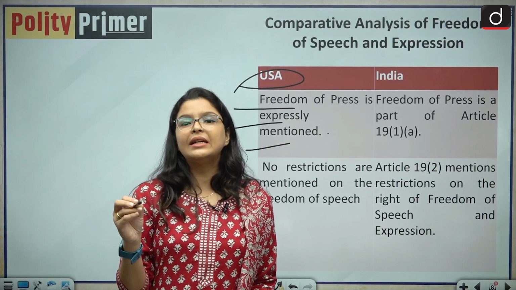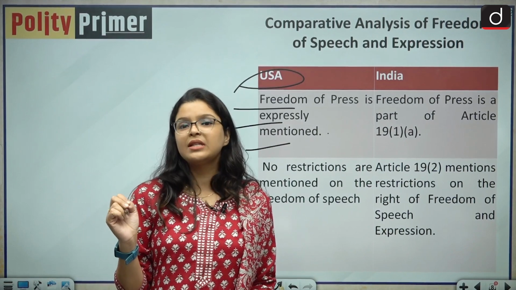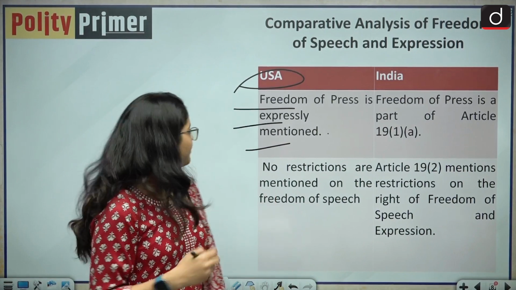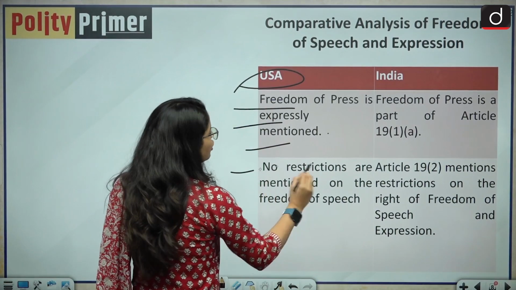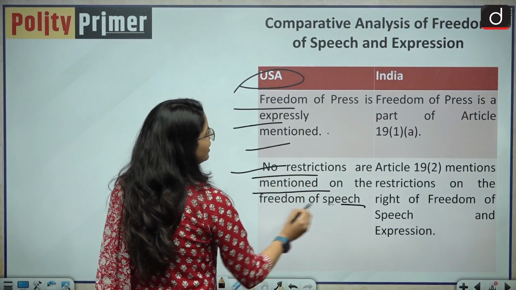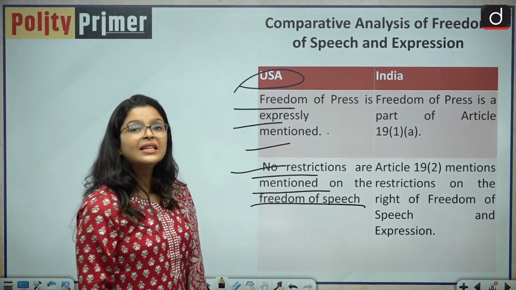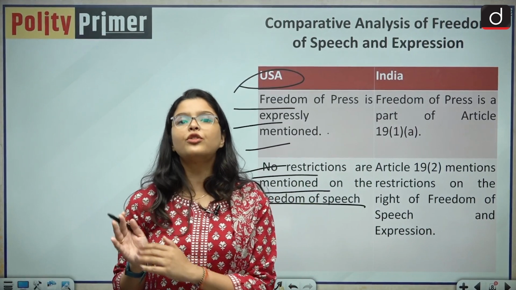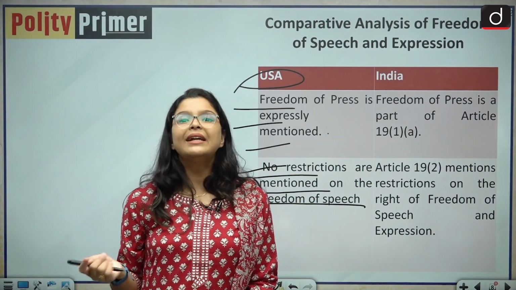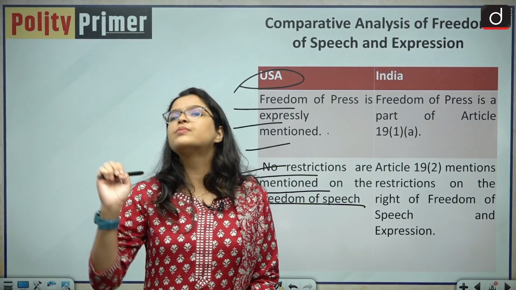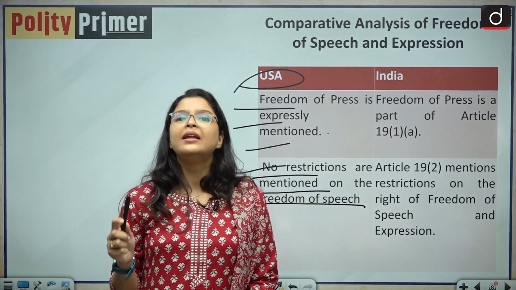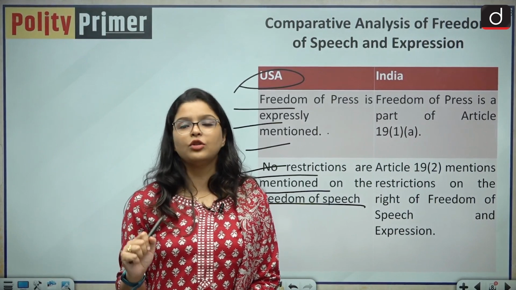It is interpreted as a part of freedom of speech guaranteed to us by Article 19, Clause 1, Subclause A. And if I talk about the USA, no restrictions are mentioned on the freedom of speech and expression. These restrictions are interpreted by the US Supreme Court on a case to case basis. But in our case, we have mentioned specific restrictions on this freedom of speech and expression under Article 19, Clause 2 of our Indian Constitution.